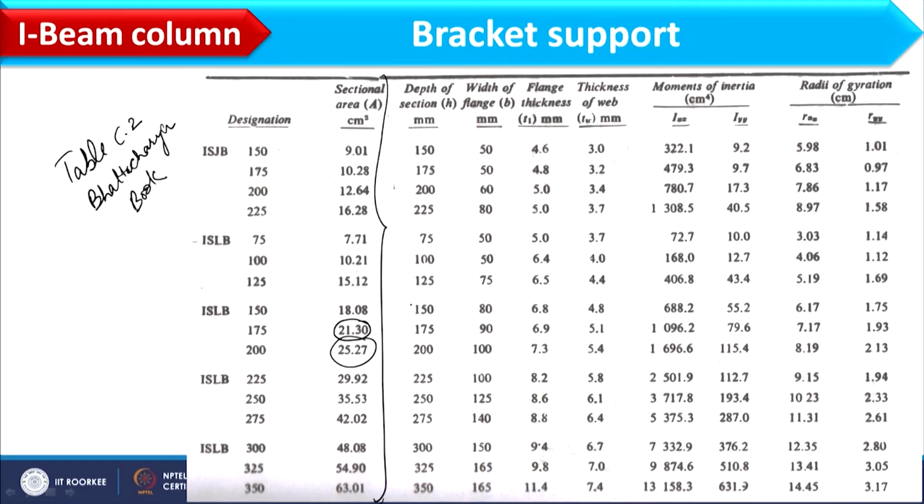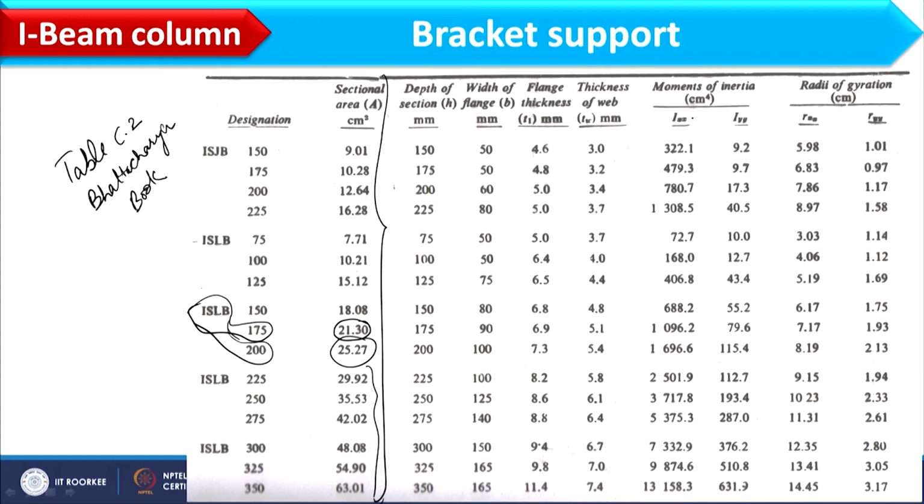In that case you can recommend ISLB 175 as the right column, or ISLB 200 as the right column. You can choose a further value, but that would be very large. So you can use a higher value which is near to the minimum value.